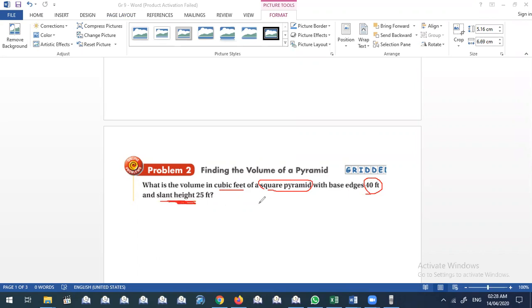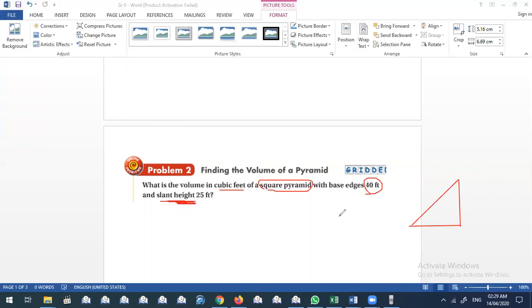If you have slant height, step number 1, you have to draw a right angle triangle like that. Okay, boys? Okay. Now we are going to put our given on it.